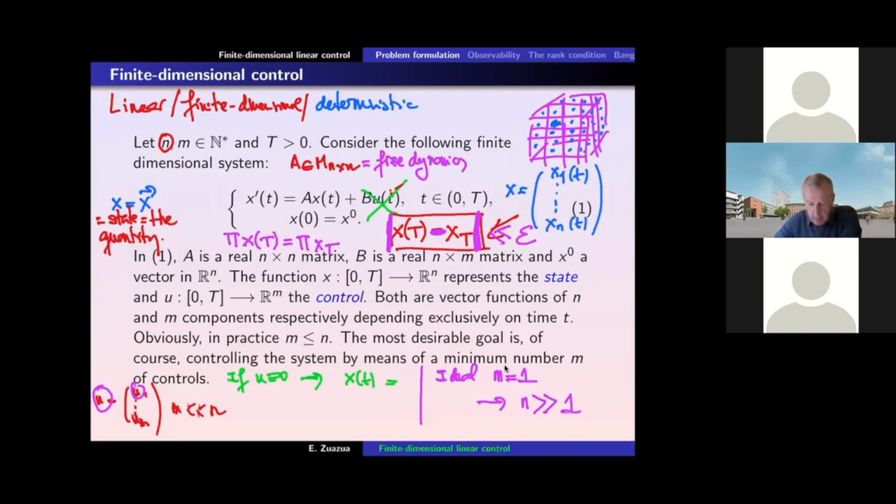But you can often decide B, right? So B will be, where are the actuators located? So where are the intersections in which we'll place policemen that will regulate traffic? Or B will represent where the red lights are located, how many red lights you need, and where they are placed, right? And you see, this is often a very interesting problem.